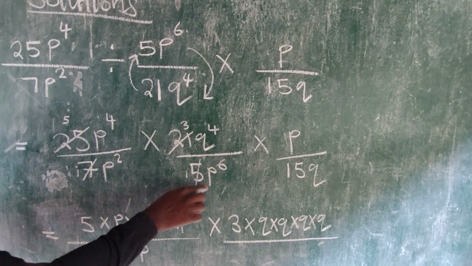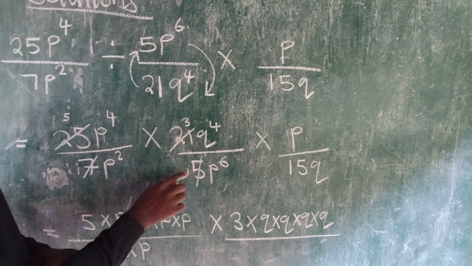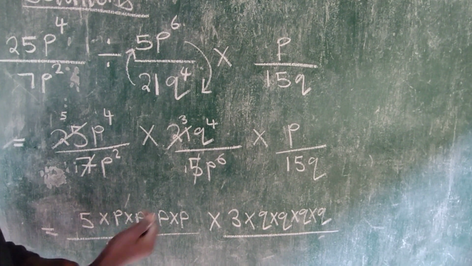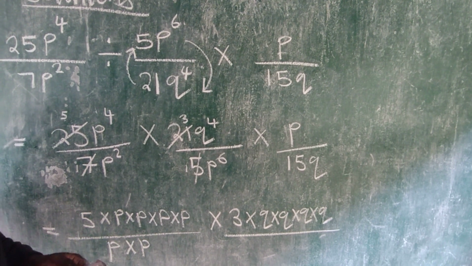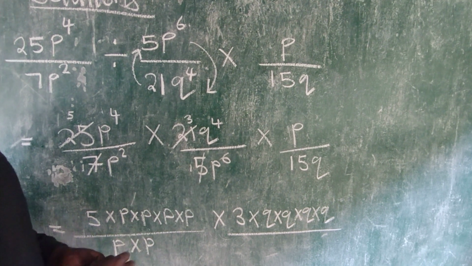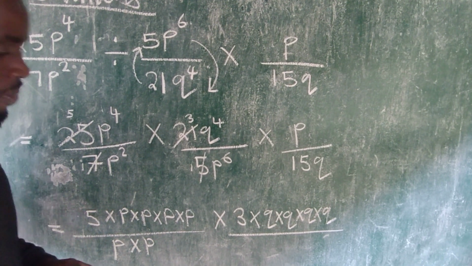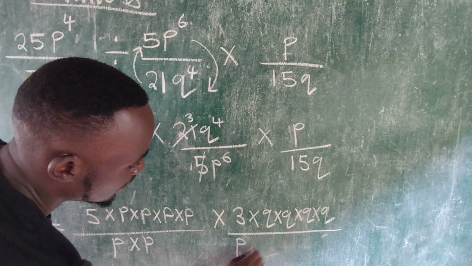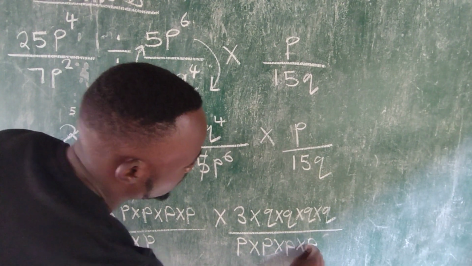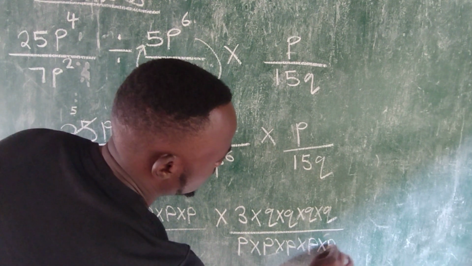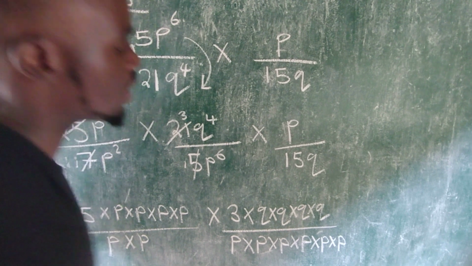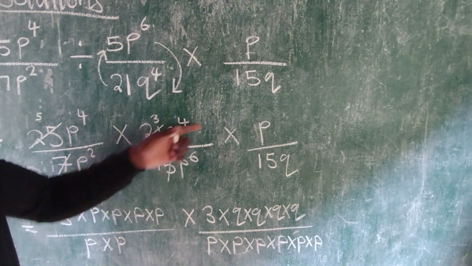Now down here you can see I'm remaining with a 1. 1 times p to the power of 6 gives p to the power of 6. I can also write it in expanded form, meaning p was multiplied by itself 6 times: p times p times p times p times p times p. 1, 2, 3, 4, 5, 6. Okay, so we are done with this part.